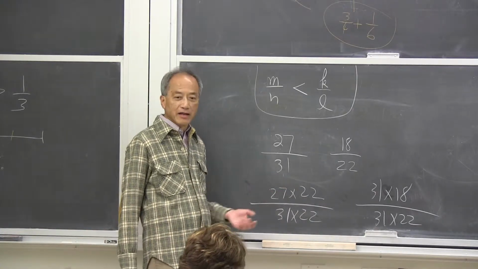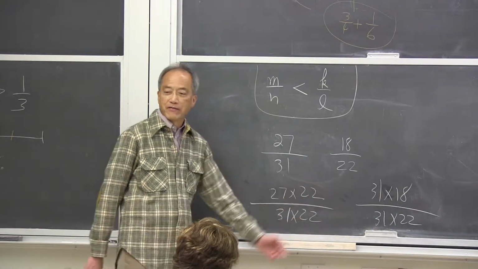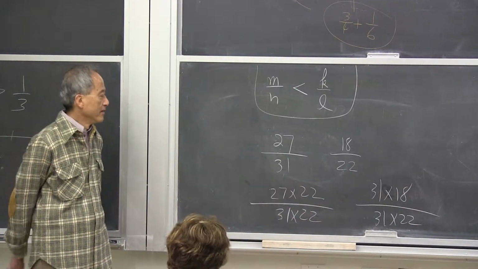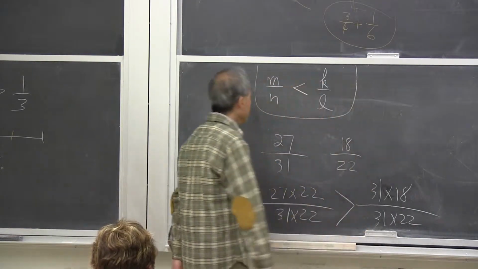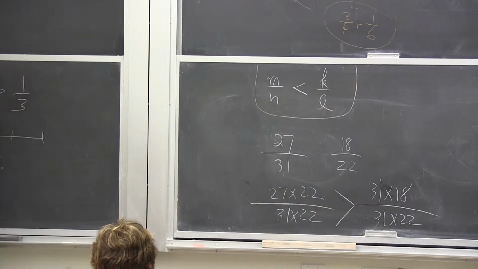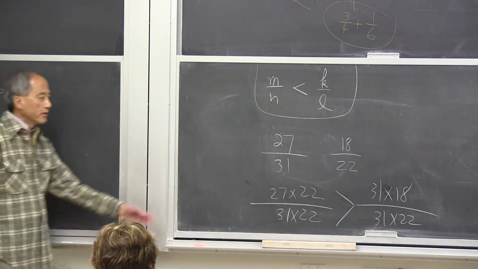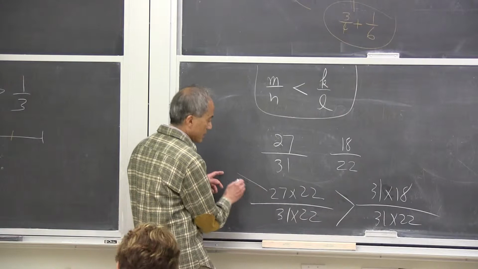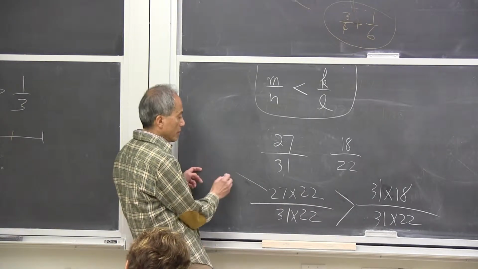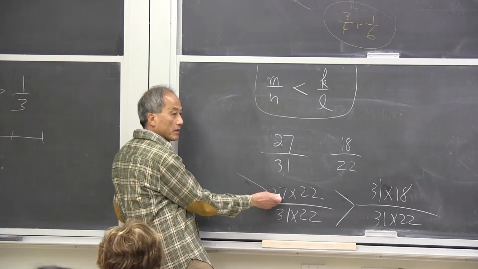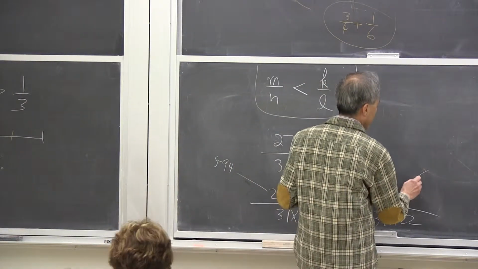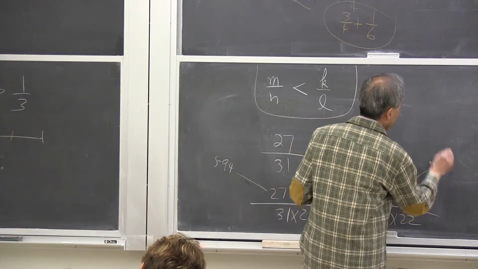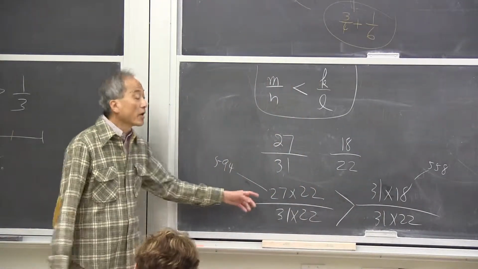You have to decide which is bigger. 27 times 22 is 594. And what is this number? This is 558. So this is bigger.